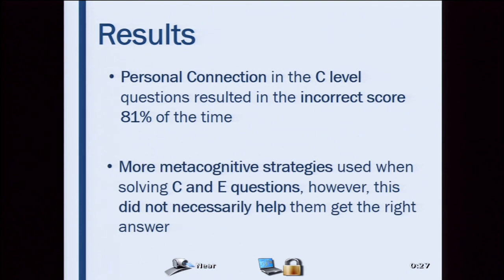We also noticed that when students started to get to those deeper understanding questions, C and E, they seemed to use more metacognitive strategies, like so many of them, and it actually led them to have incorrect answers. So it didn't actually help them get the right answer, even though they were using multiple strategies, which we found kind of surprising.